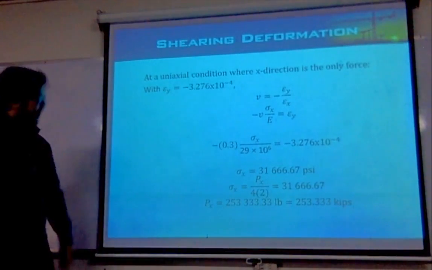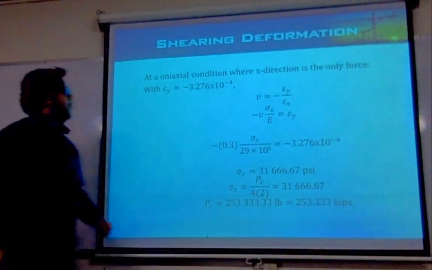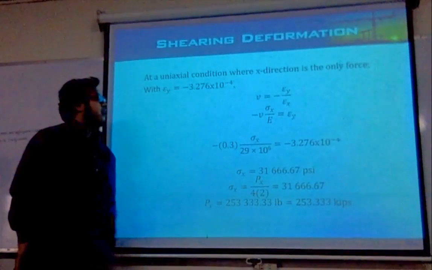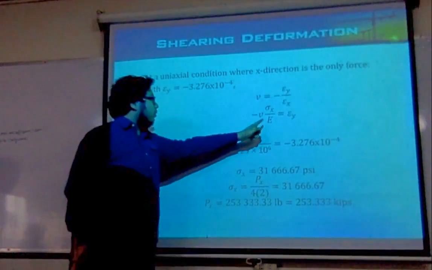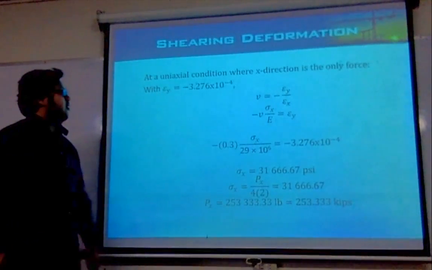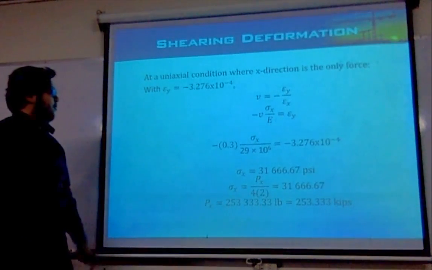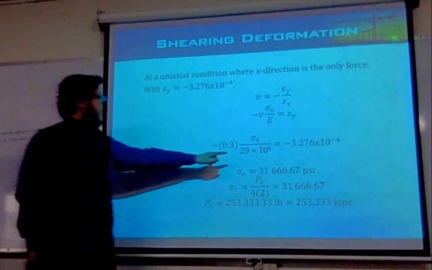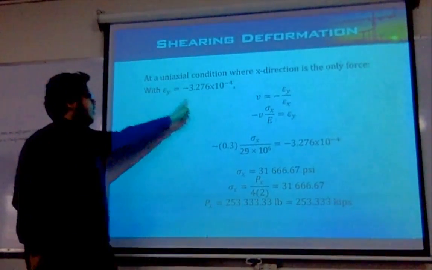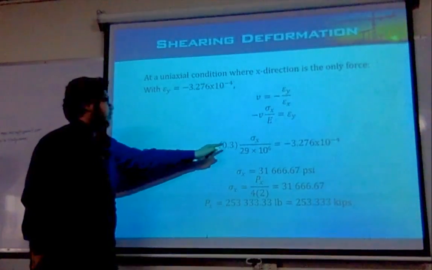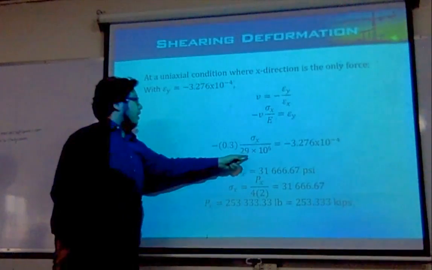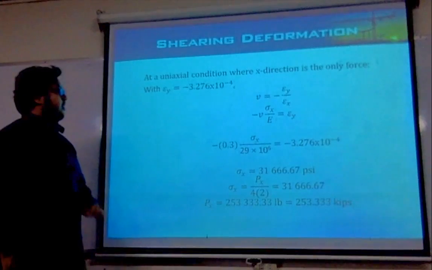Using Poisson's ratio, we derive the stress of x, and we substitute this and the given 0.3 Poisson's ratio and E of 29 times 10 to the 6.